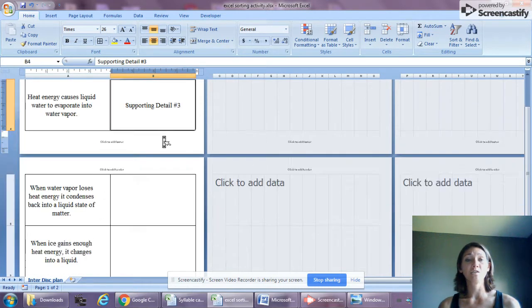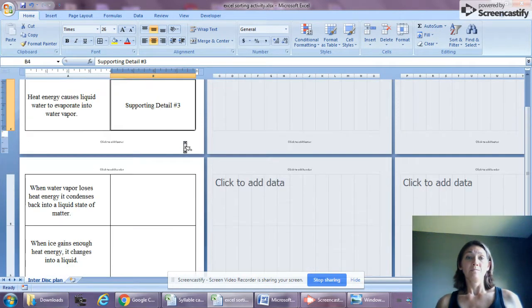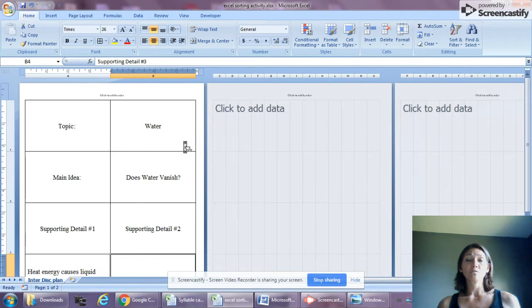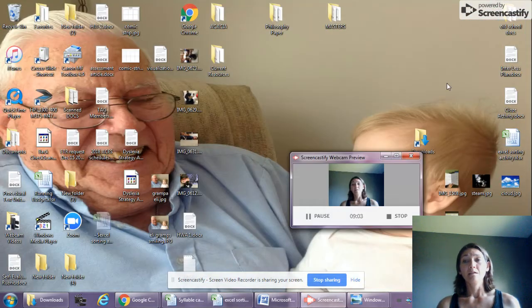Does water vanish? The conclusion was, water does not vanish. So that's the gist of it. And that way I can be sure they have the gist of everything we learned. They understand the expository text structure, they understand the academic vocabulary, and they've done some reading strategies as well.